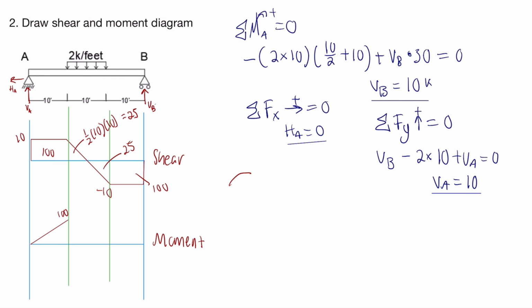So we can also just draw the different shapes for parabolic and see which ones will give us a slope that is decreasing as we move to the right. And we see that it is this section and this section. But since this part is positive shear, that means we will go with this one.